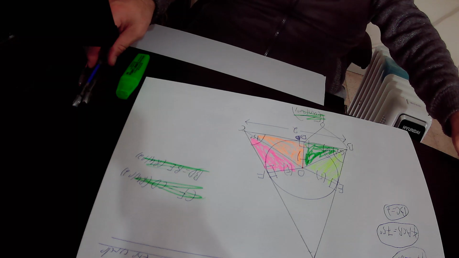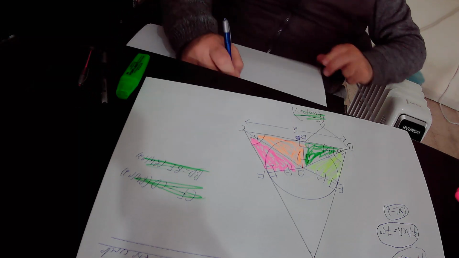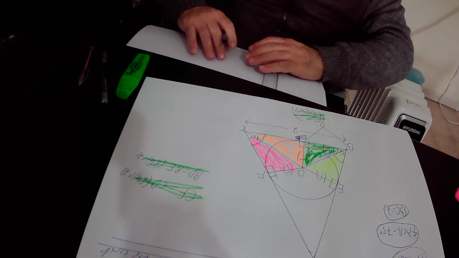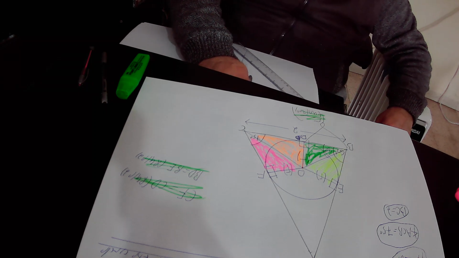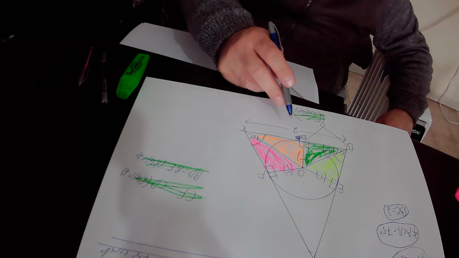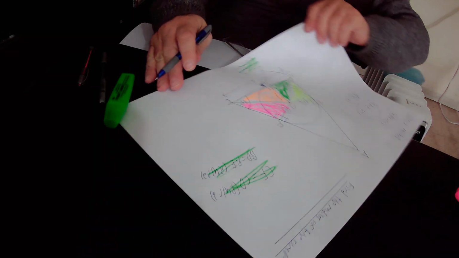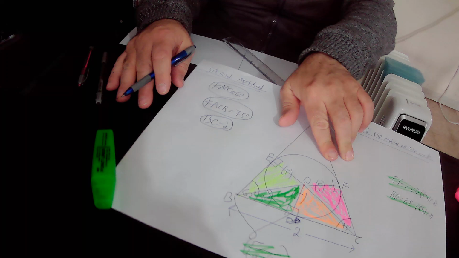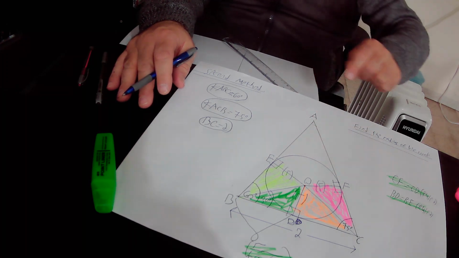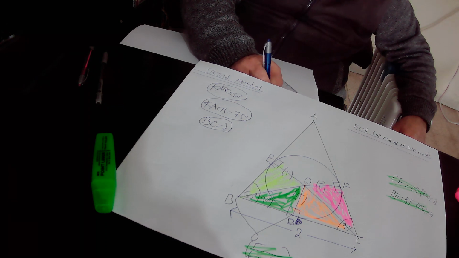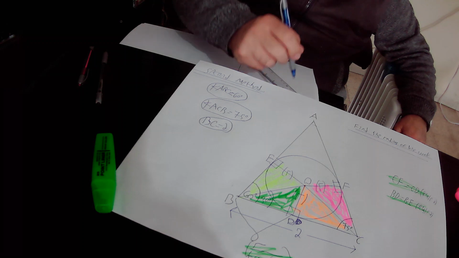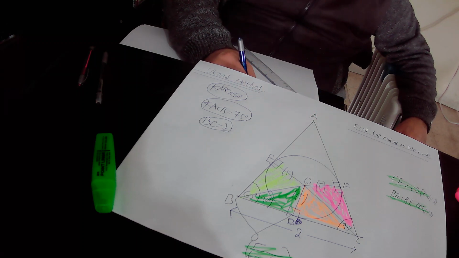So I write it down. We prove that the orange triangle ODC is congruent to the pink triangle OFC.